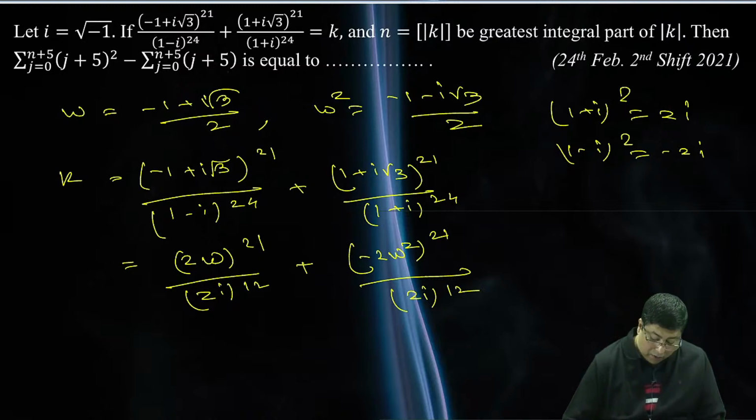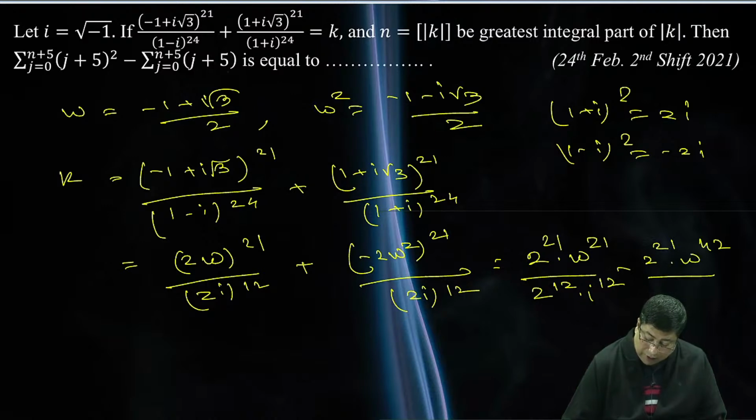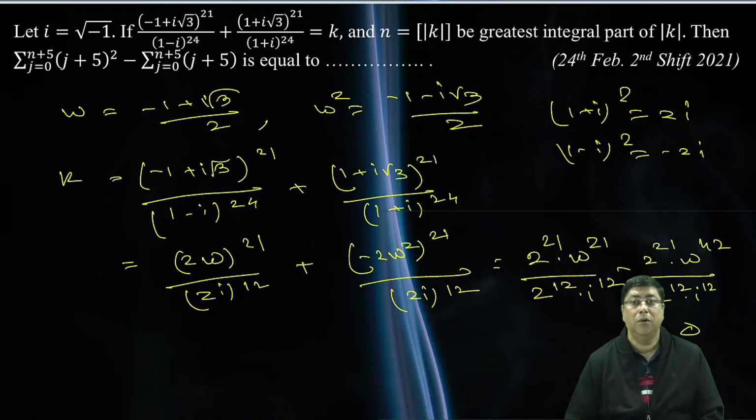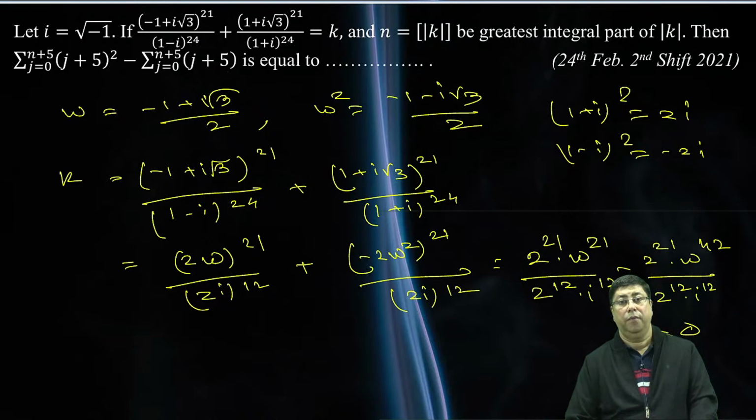We are getting 2 to the power 21 omega to the power 21 over 2 to the power 12 i to the power 12, minus 2 to the power 21 omega to the power 42, that is the omega cube product, over 2 to the power 12 i to the power 12. This is coming to be 0. So n equals mod of k, that is 0, n equal to 0 is coming.